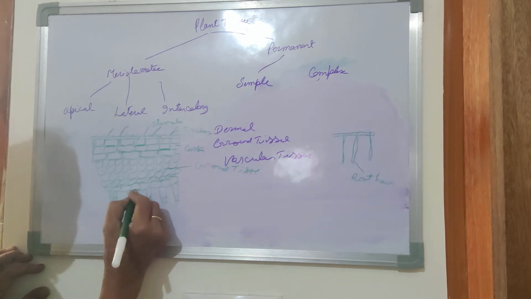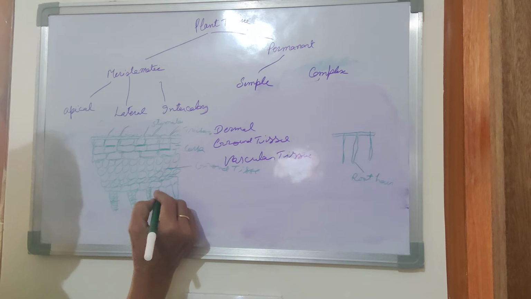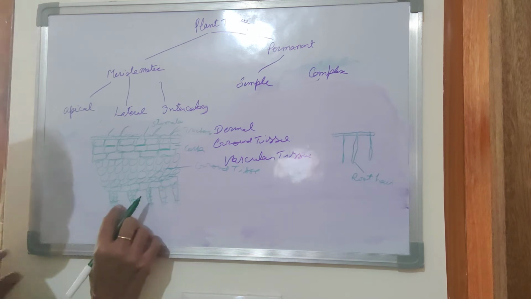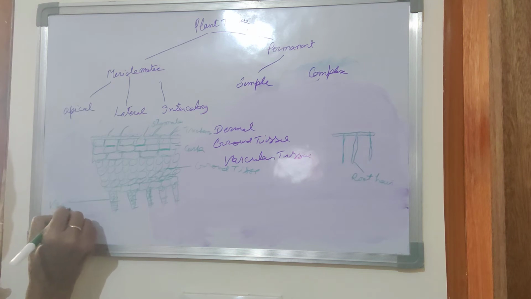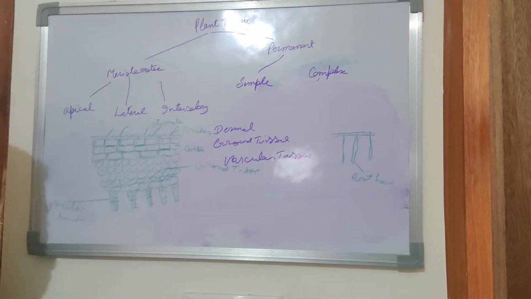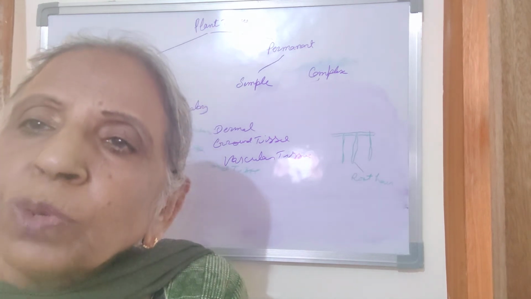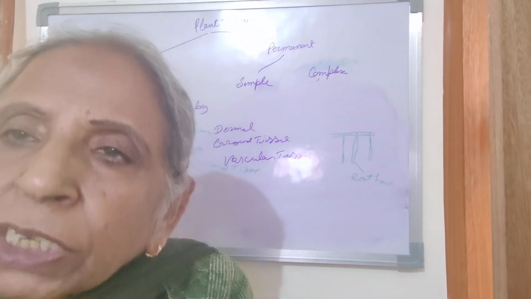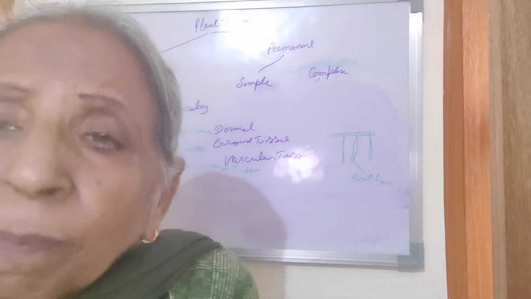In between xylem and phloem, there is cambium. These are vascular bundles. They contain xylem and phloem. So their function is transportation. Function of vascular bundle is transportation: transportation of water and minerals by the xylem, and transportation of food material by the phloem.